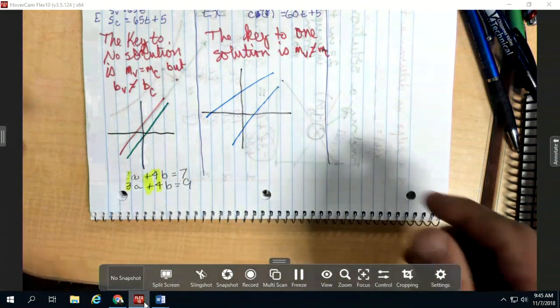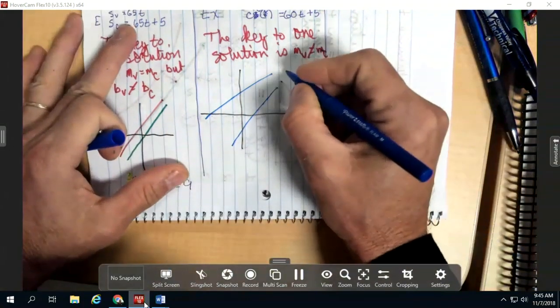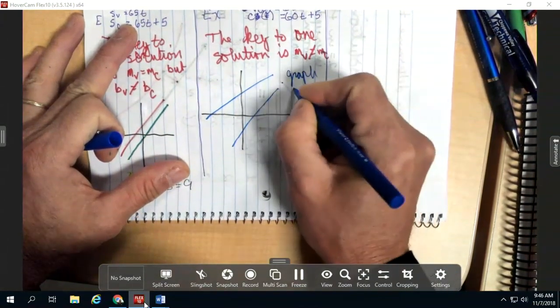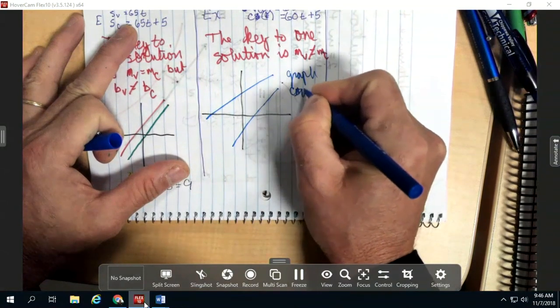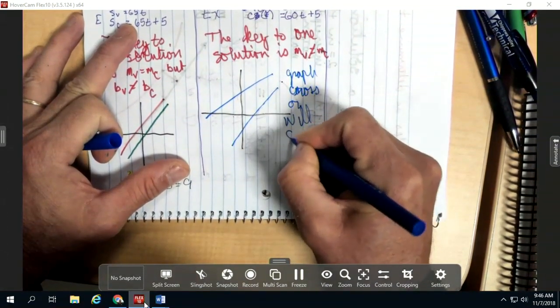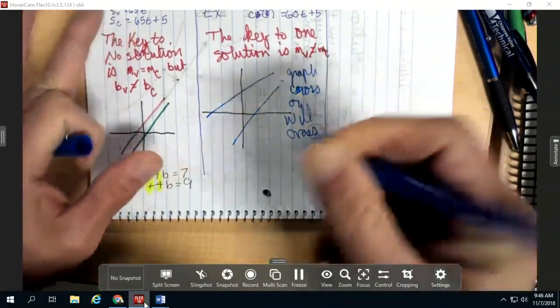Okay, so we could say graph crosses or will cross. That might not be a bad way to do it.